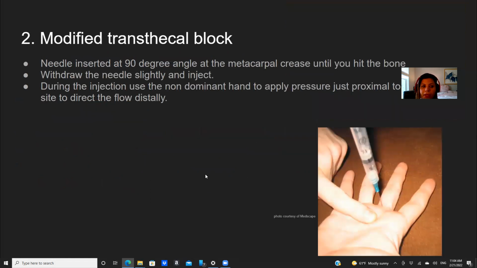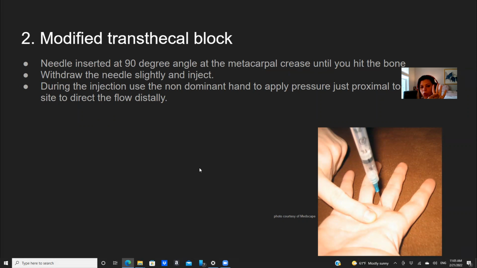The modified transthecal block is the one that I do most of the time. It's very simple. This one is a perpendicular injection, not 45 degrees. So it's 90 degrees at the metacarpal crease right here. You go all the way to the bone at the metacarpal crease.